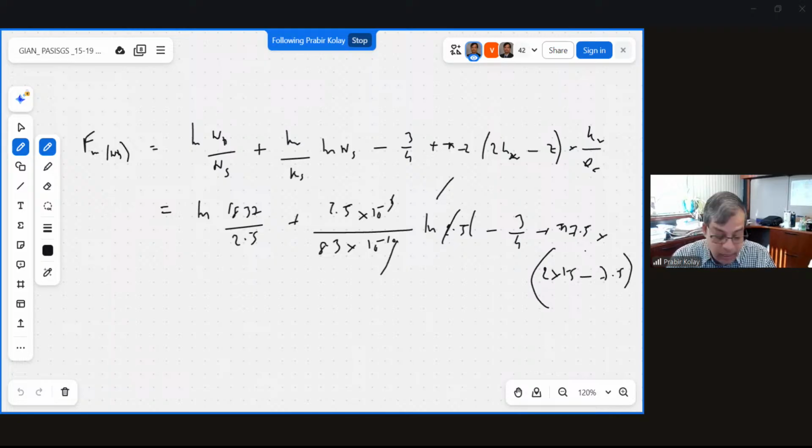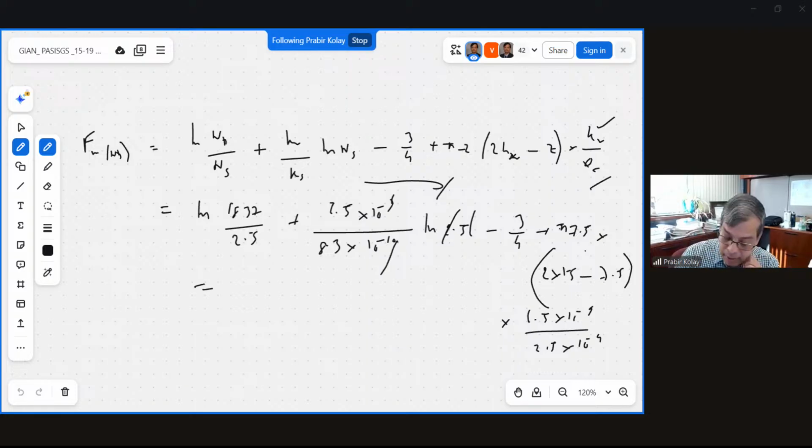And then again, the permeability is given over here. You can multiply with that. So 6.5 times 10 to the power minus 9 divided by 2.5 times 10 to the power minus 4. And if you calculate that, that one will come around 8.41. So basically FMND is going to come 8.41.